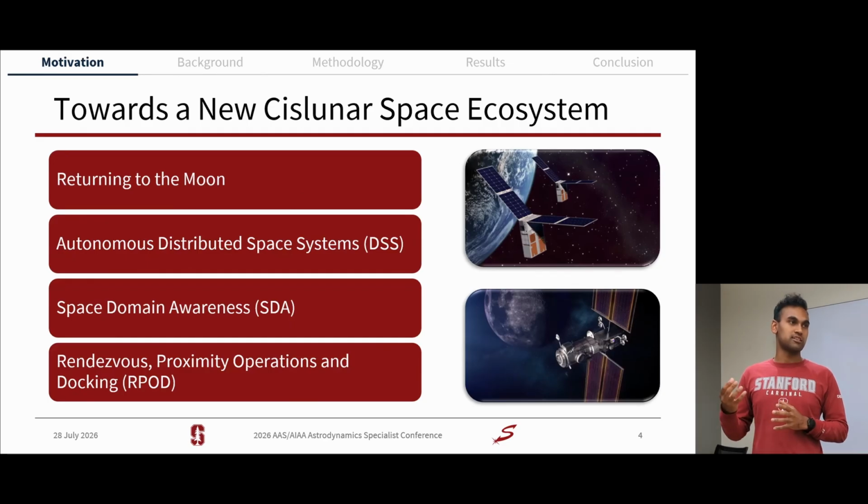Making those DSS autonomous will be even more important, especially to maintain space domain awareness in all parts of the cislunar domain, and to support RPOD operations in order to enable the nascent cislunar space economy.